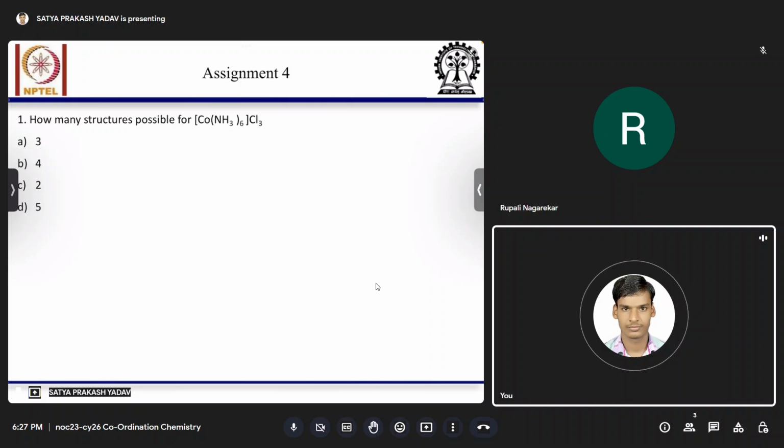Okay, so let me go further. Question number one. How many structure isomers are possible in Co(NH3)6Cl3?